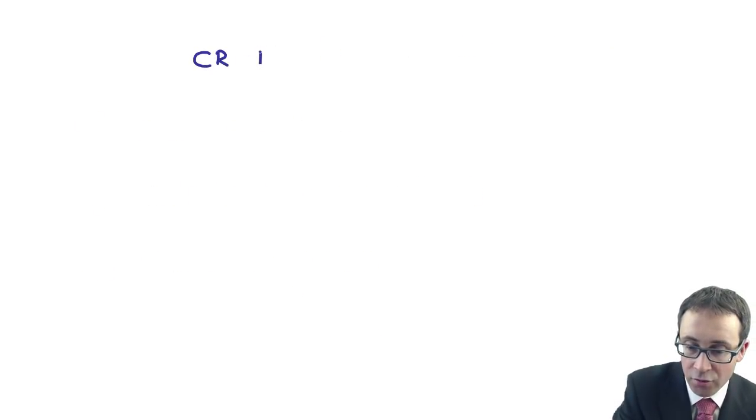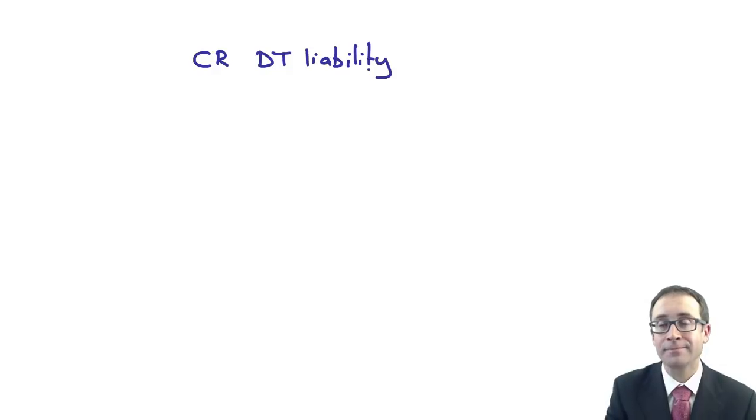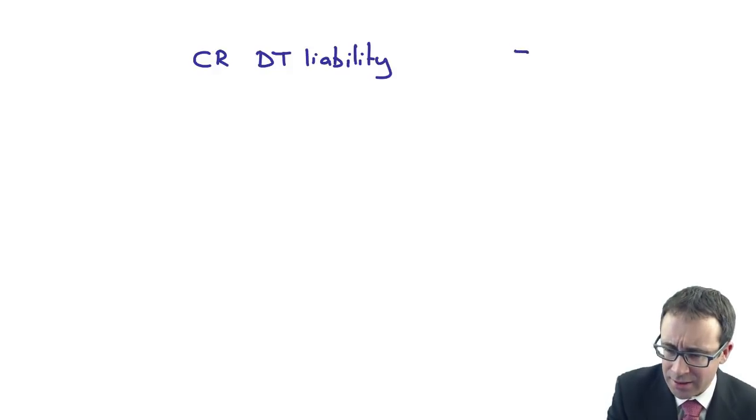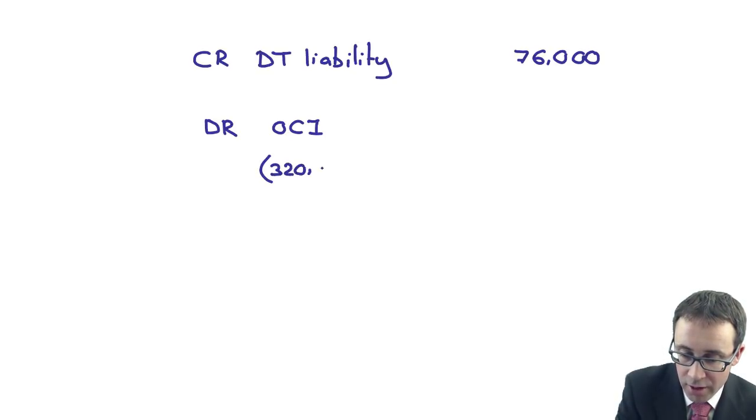So what we've got when we're looking at the movement, we're going to go through and credit my deferred tax liability, was that there as 76,000. We're going to go through as well and debit other comprehensive income. I think it's always easier to work out what the tax is on the OCI, because what we've got there is we had a gain of 320,000.